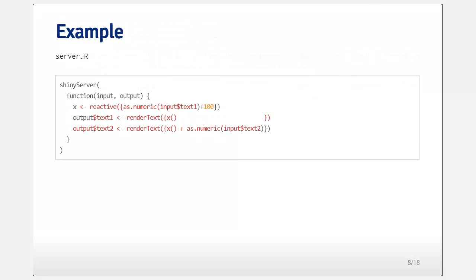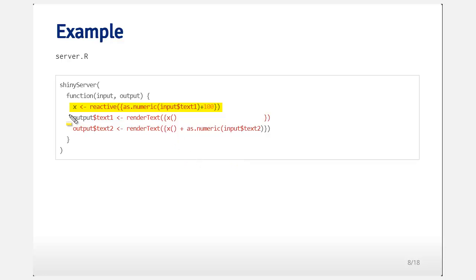I think it's easiest to explain this in just an example. So here's the second example. Here I have basically the same UI.R function. But imagine now I want to take my text input and add 100 to it, but I only want to do that once, and I want to display it twice.